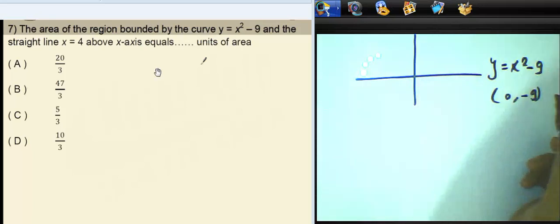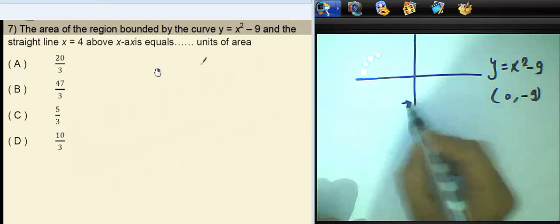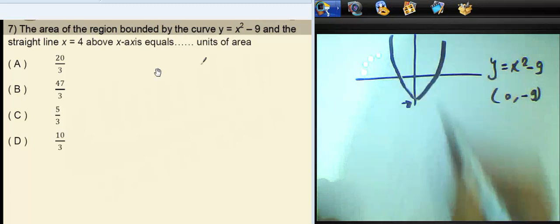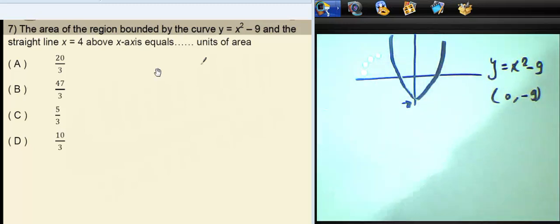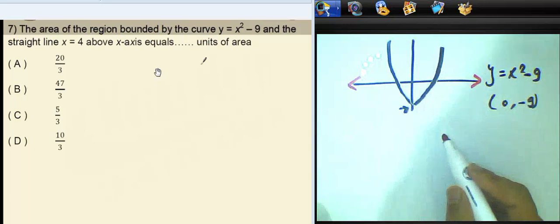Put x equals 0, then y equals negative 9 here, and we can draw the curve of this function. And he asked about above the x-axis and the straight line x equals 4.